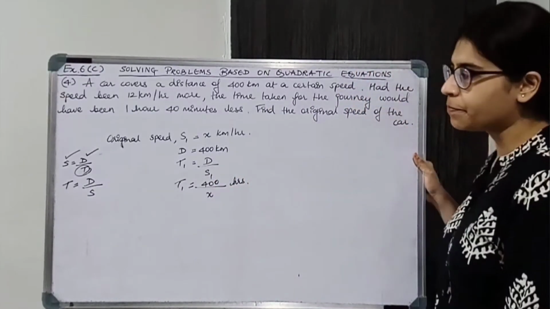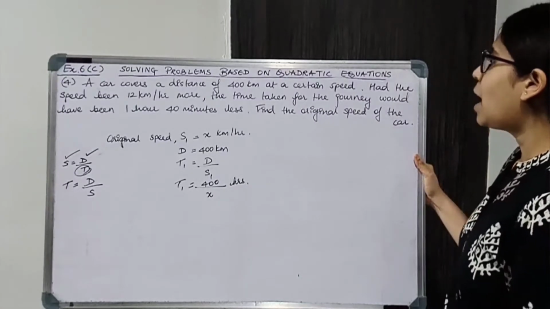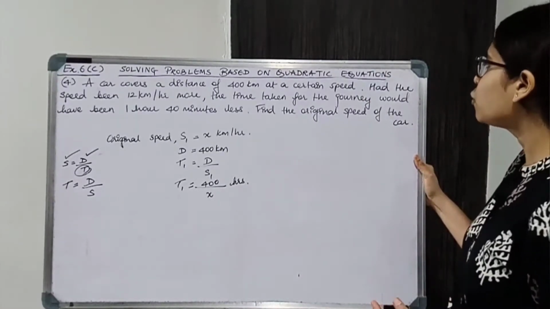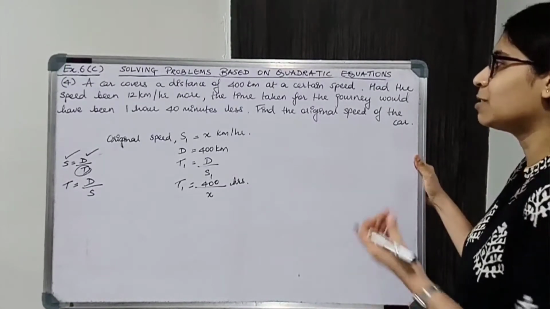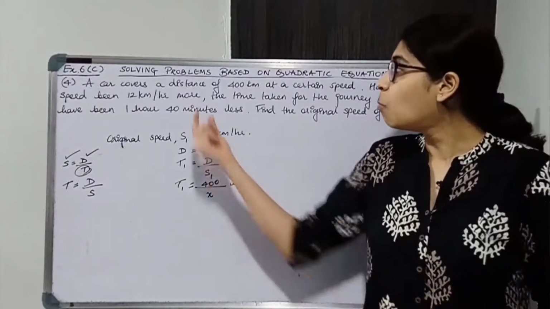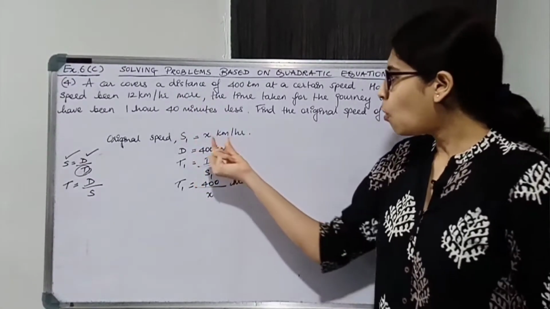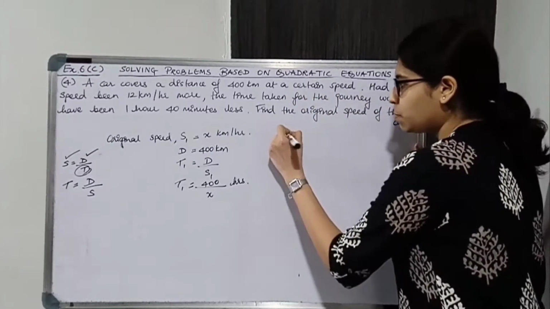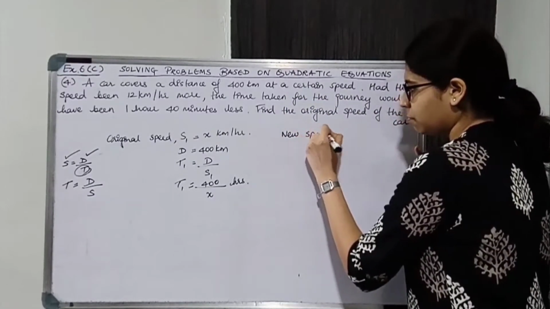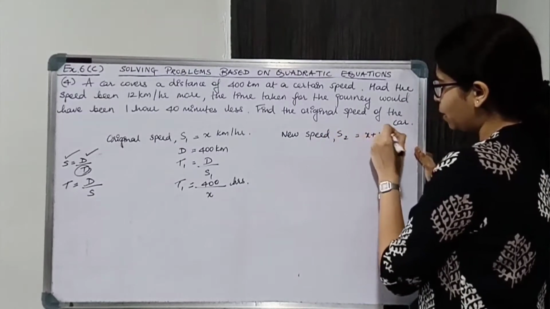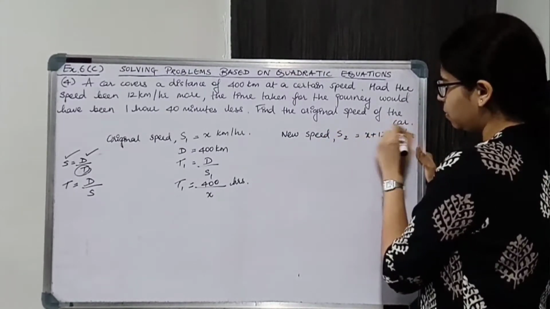Now, had the speed been 12 km per hour more, the time taken for the journey would have been 1 hour 40 minutes less. Had the speed been 12 km per hour more, so x plus 12 is the new speed. S2 is x plus 12 km per hour.